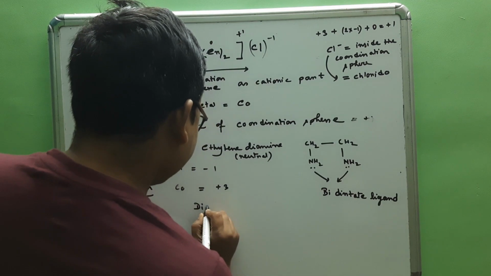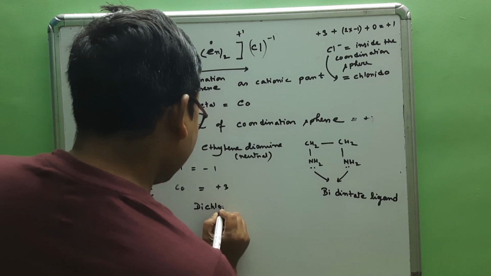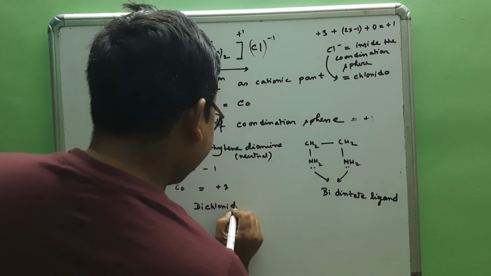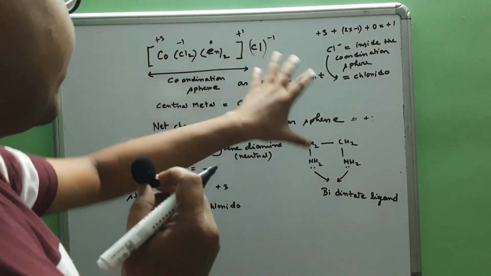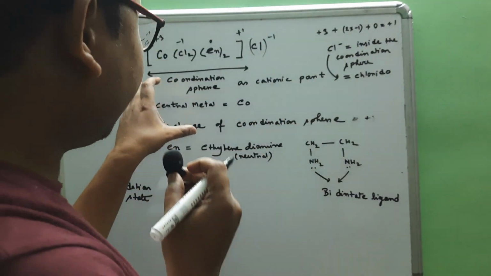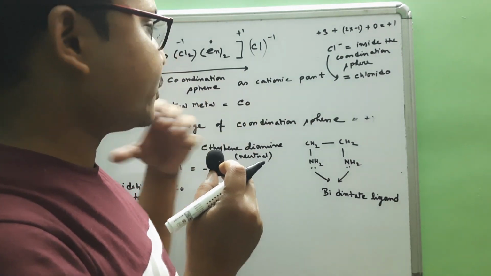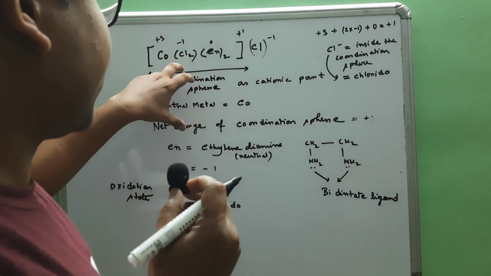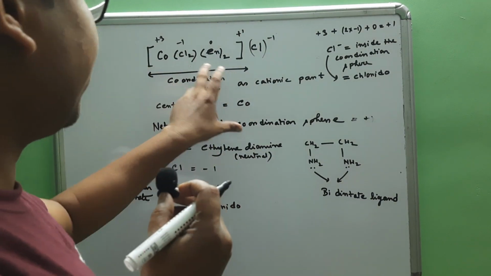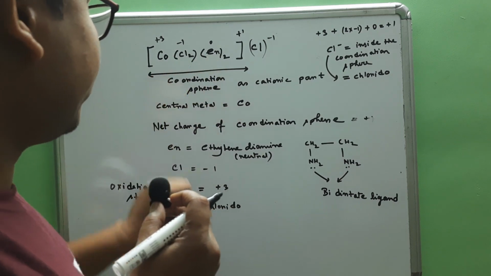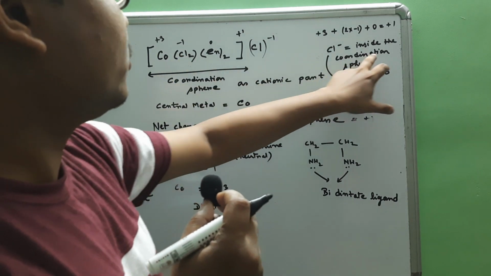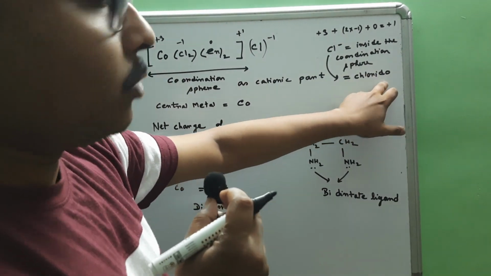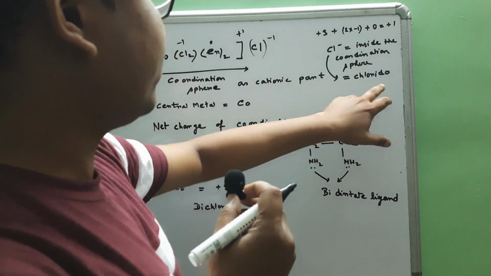While naming a coordination compound, the ligands are written alphabetically. Here there are two types of ligand, ethylene diamine and chlorido, and as chloride is inside the coordination sphere, it is termed chlorido.